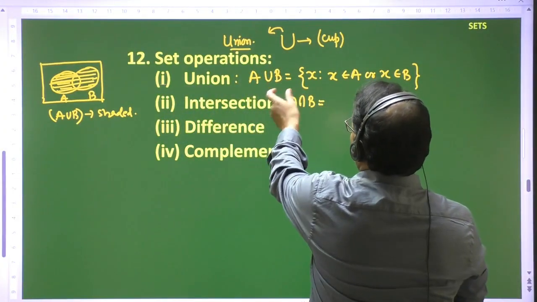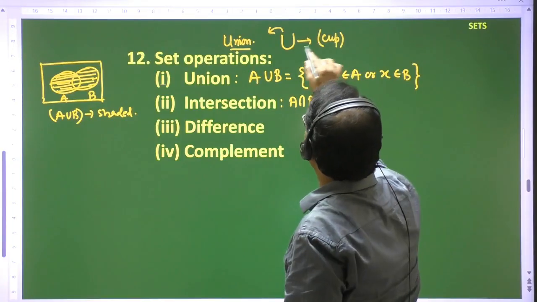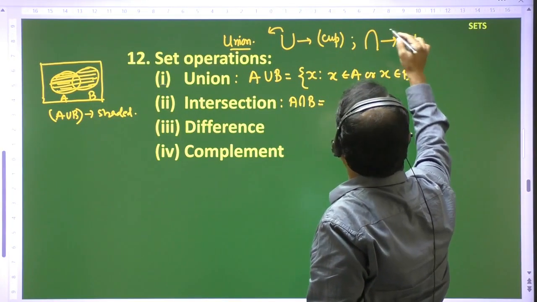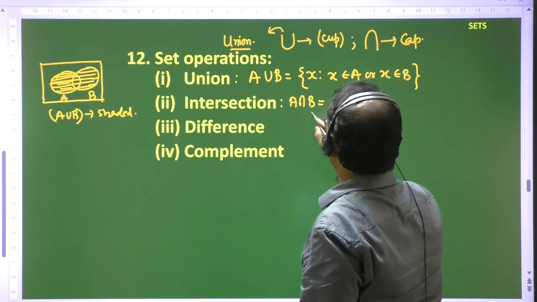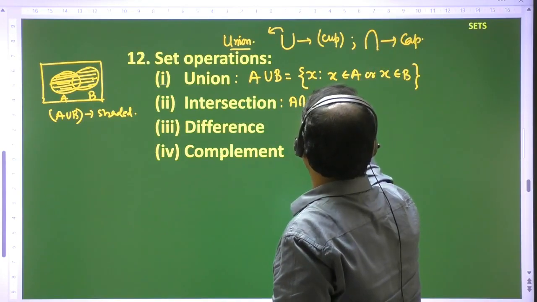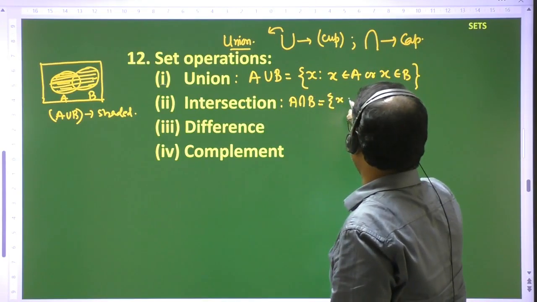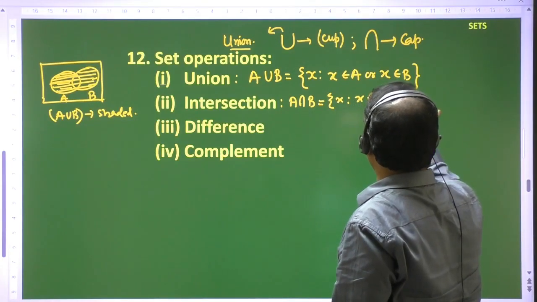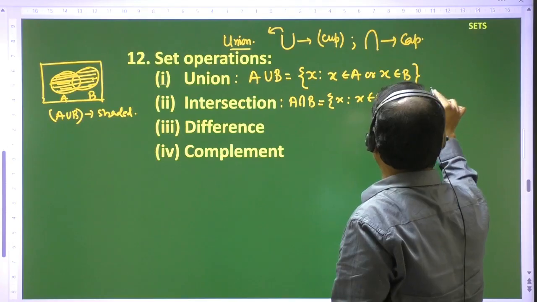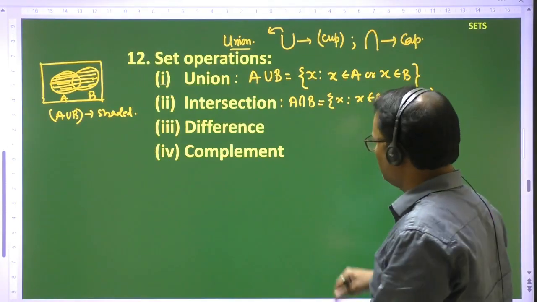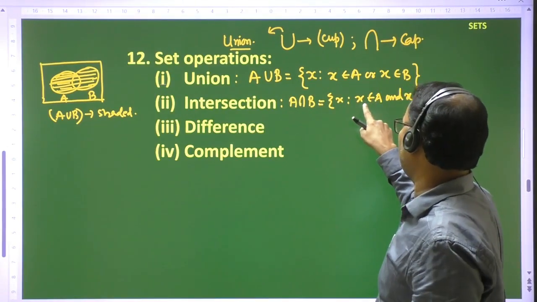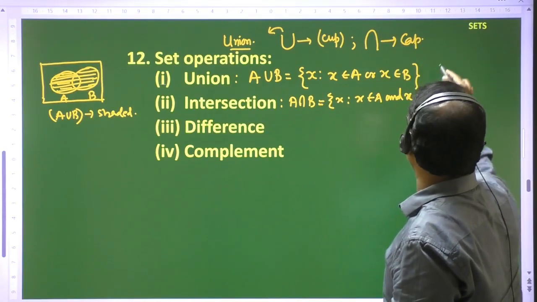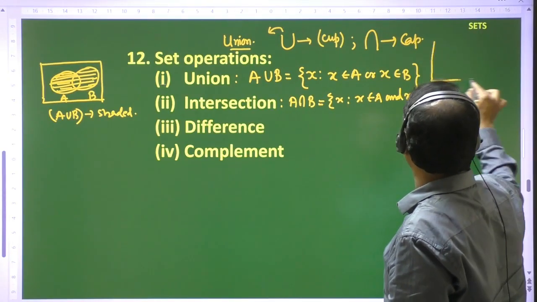So A union B is this one. If it is a cup, then the other one is a cap, and this is the sign of intersection. A intersection B is the set of all elements X such that X belongs to A and at the same time X belongs to B. That is the difference between union and intersection. Intersection means your element X belongs to both the sets. Here is the diagram for the intersection.